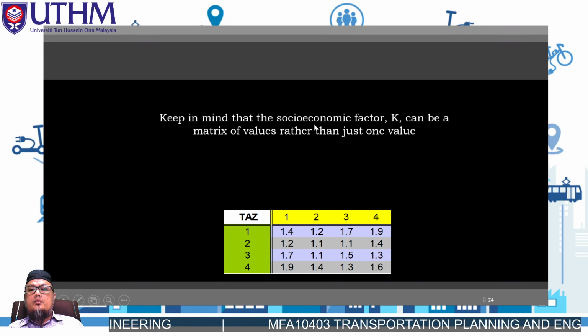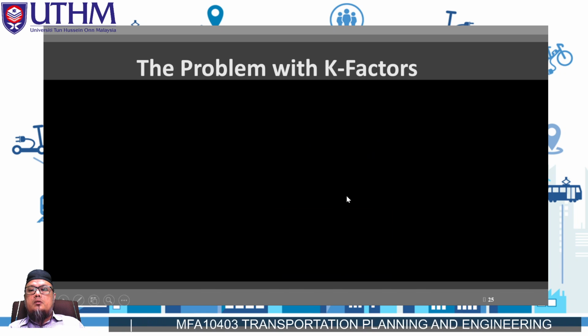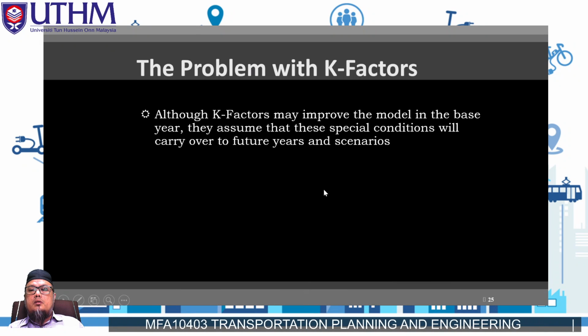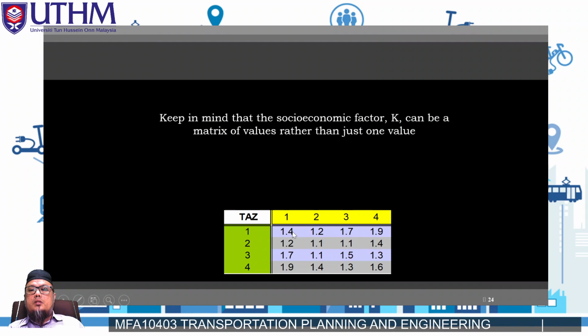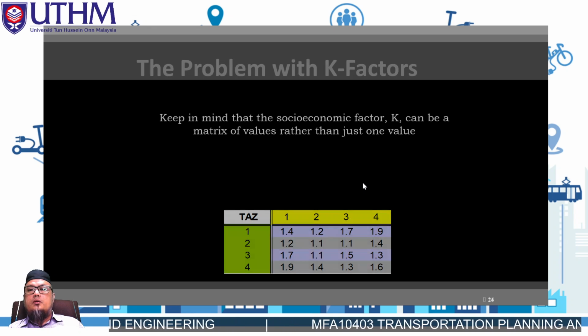Keep in mind that the socioeconomic factor K can be a matrix of values rather than just one value. It can be not just a single value like the previous example, 1.2, but we can choose any other K factor for different zones, and also different reference values, not just a fixed value.